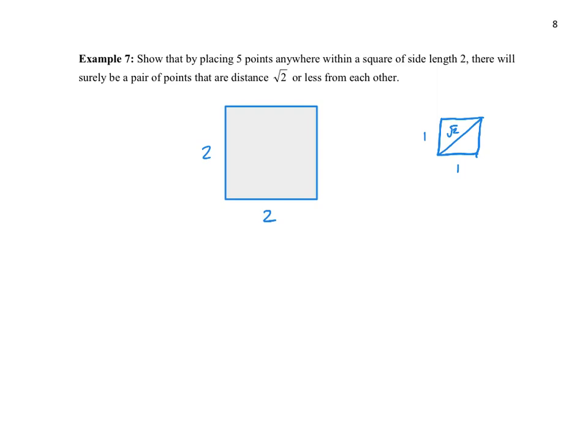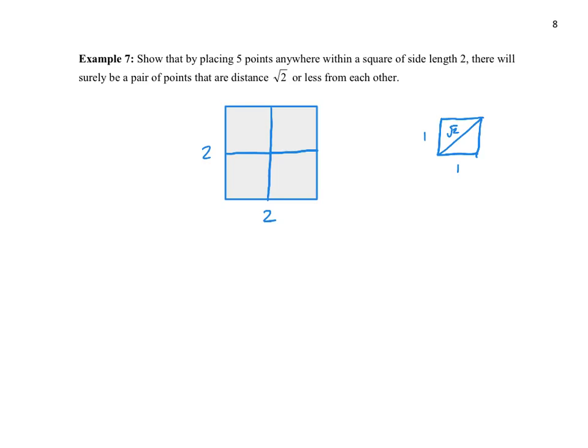Well, if we think about maybe making a grid on our square so that we have 1 by 1 squares within our 2 by 2 square, then we have 4 sections, where the longest distance, which is the diagonal, in each of these 1 by 1 squares is root 2.